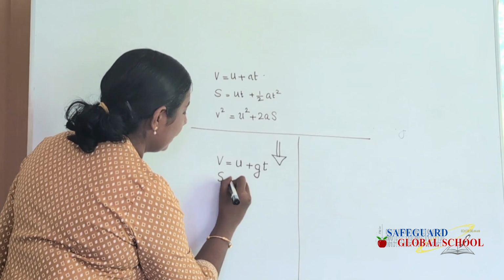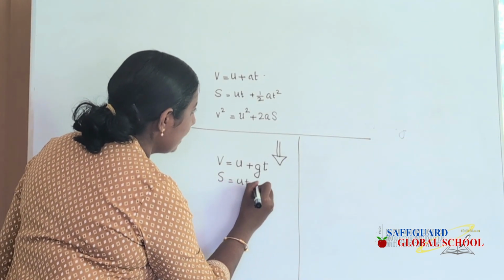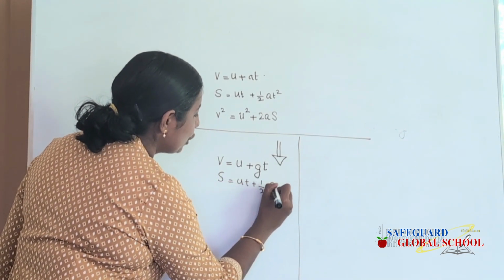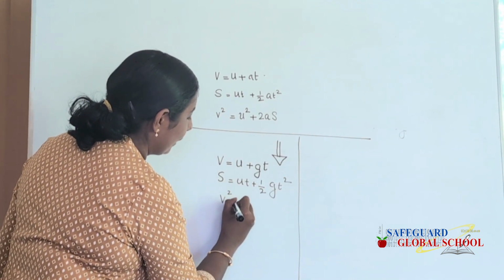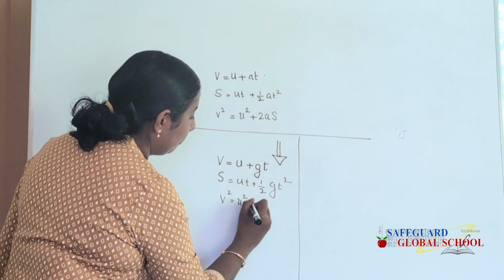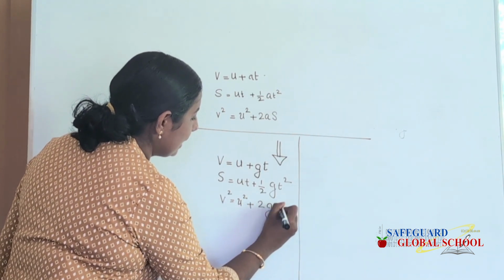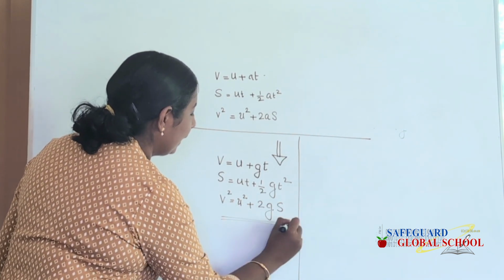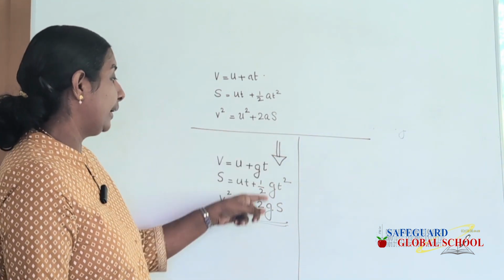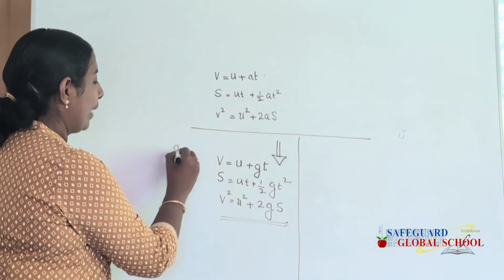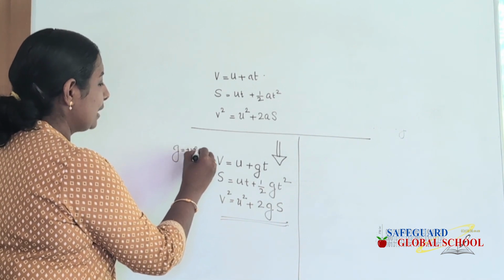S is equal to UT plus half GT squared, and V squared is equal to U squared plus 2GS. These are the three equations that we apply when the body is falling down. Here the value of g must be positive.